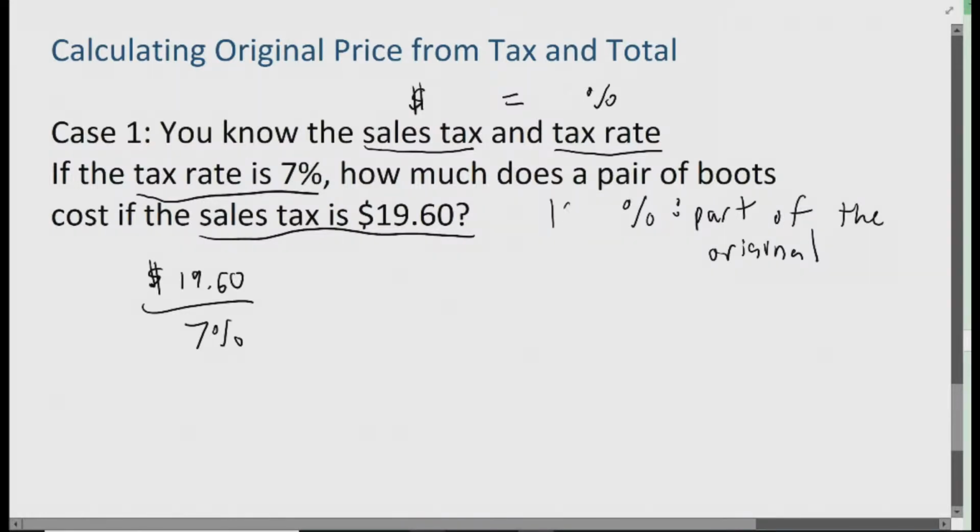And if we had 100%, that means it's going to be exactly the same as just the original cost. So the goal here is if we were given 7%, how can we find 100%? This requires two steps. The first step is you really want to find what is 1%.